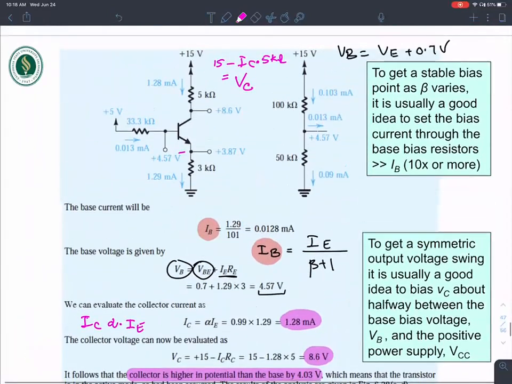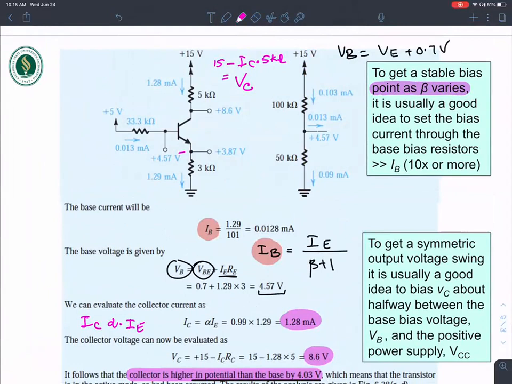To get a stable bias point, independent of beta variations, it's a good idea to set the bias current through a base bias resistance pair.